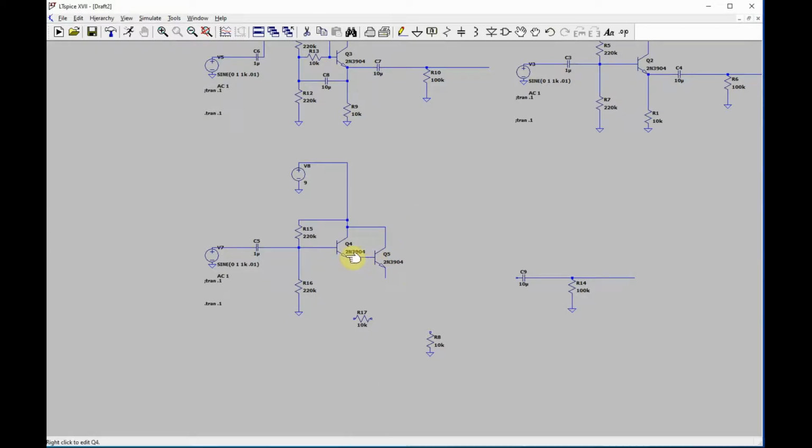You've got the emitter of one going to the base of the next one. Then you've got this like that. And usually this whole conglomeration is called a Darlington configuration, where it's usually drawn out kind of like this. Sorry about that.